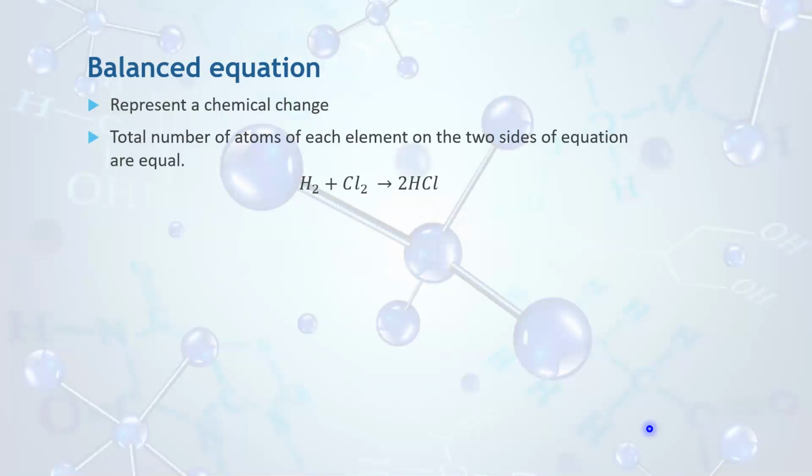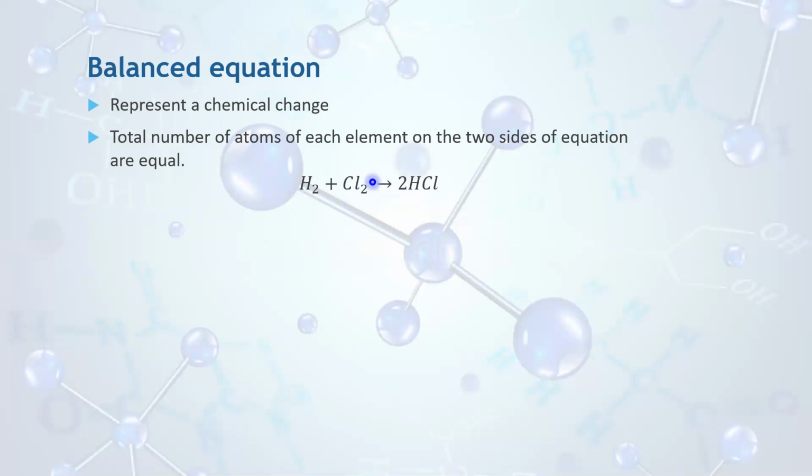Let us count the number of hydrogen atoms on both sides. On the reactant side, we have 2 hydrogen atoms, and on the product side also 2 hydrogen atoms. This 2 is the coefficient here, which is common for hydrogen and for chlorine. So on the product side, we have 2 hydrogen atoms.